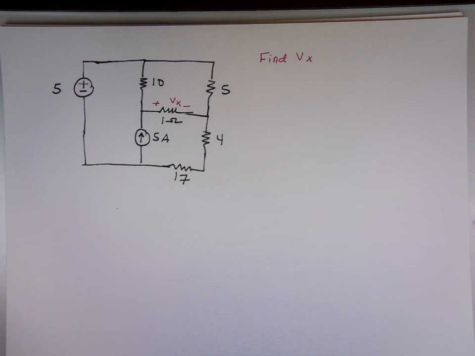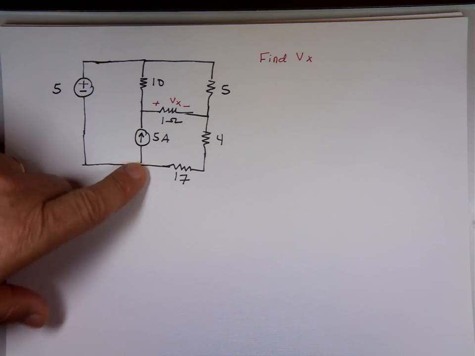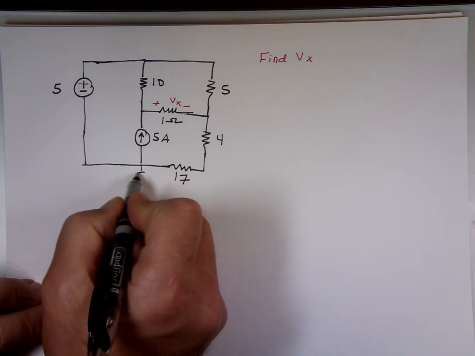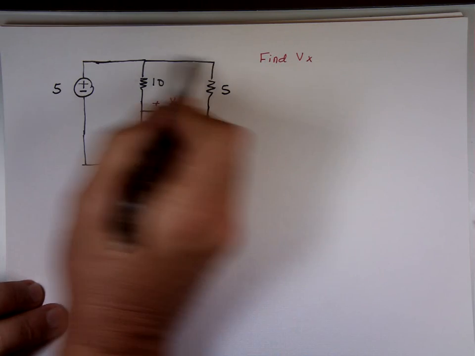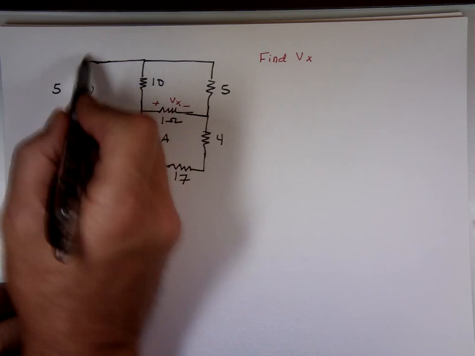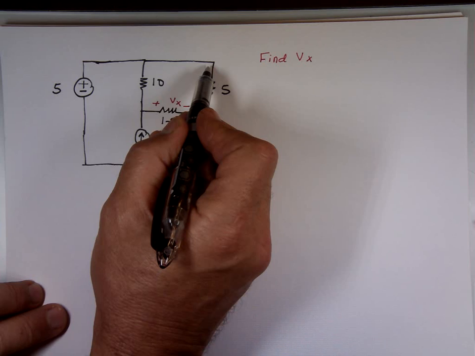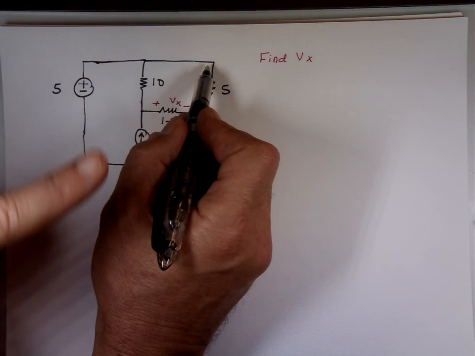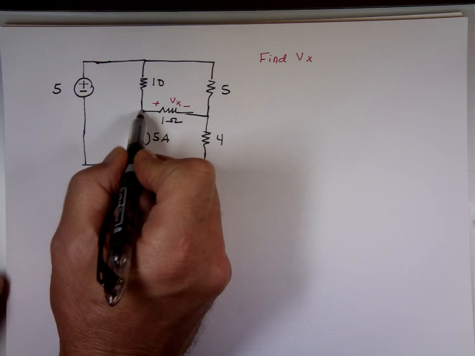If we think about nodal analysis, if we make this the ground here, we know what the voltage on the top is. What's the voltage on the top? 5. So that's not unknown, right? There's a node. Do we know what the voltage here is for that node? No, that's 1. There's a node here.